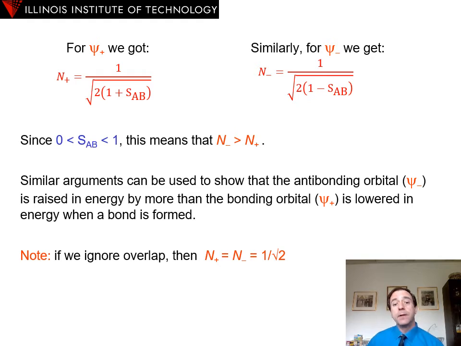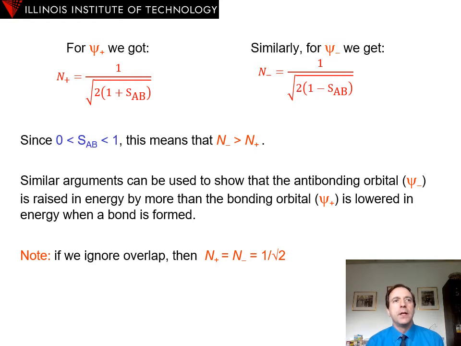And we can do similar math and use similar arguments to show that when we look at the energies of these two wave functions, we're always going to have a higher increase in antibonding energy than we have for a decrease in bonding energy.